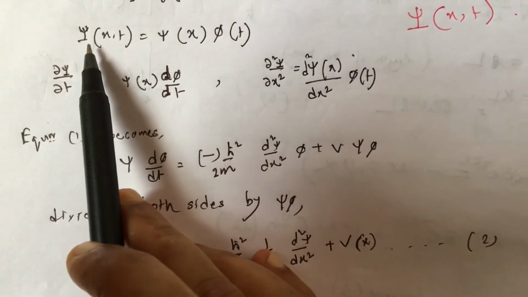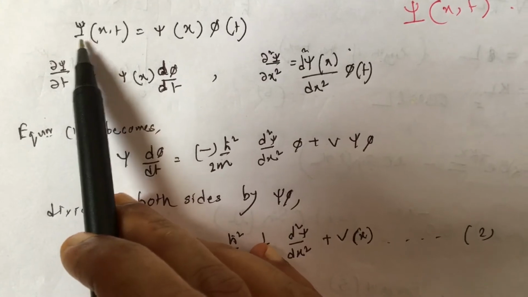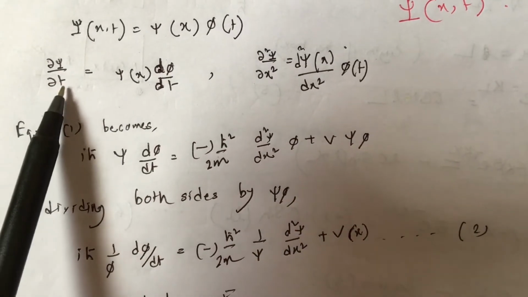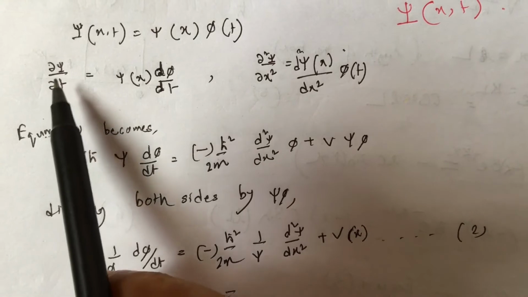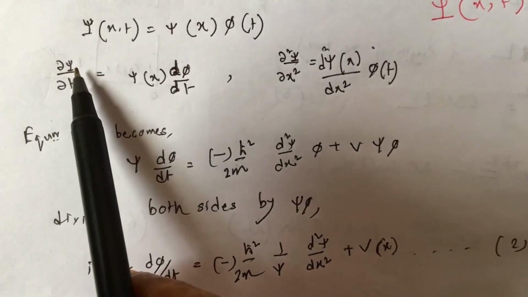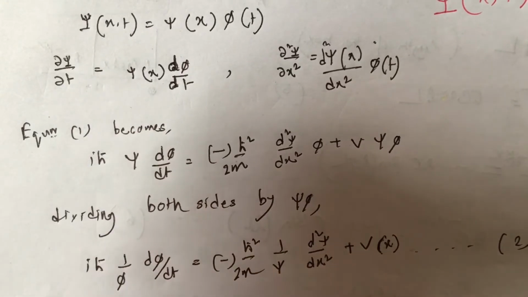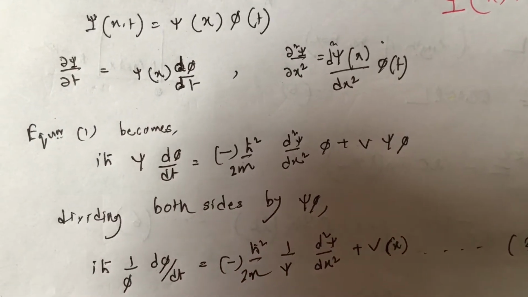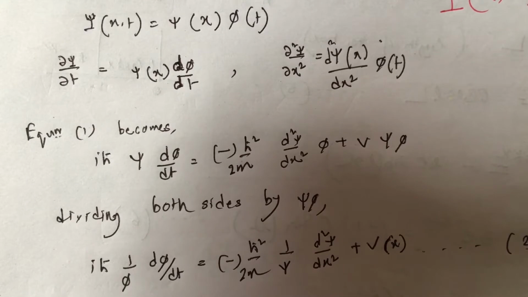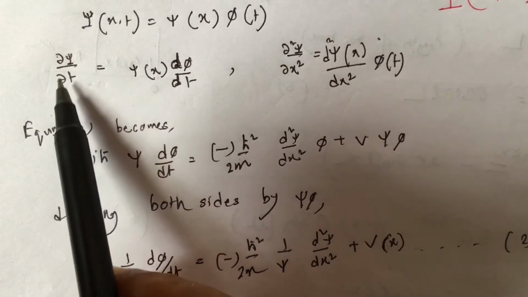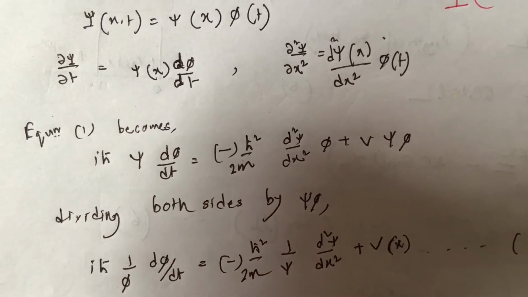Let me take the partial derivative of this capital psi. Why am I writing this as a partial derivative? Because psi contains an explicit time factor. As psi is dependent on more than one variable, we need to write it as a partial derivative.